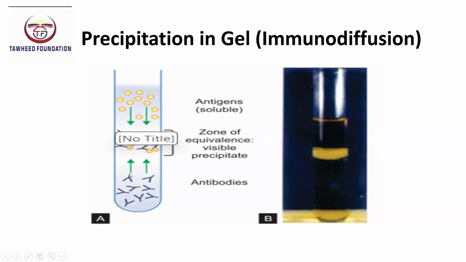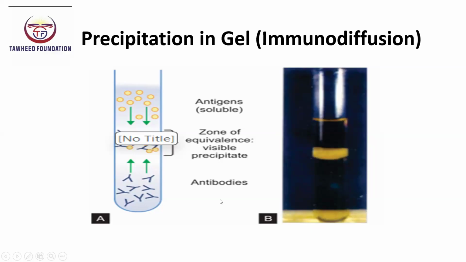So let's first look at this figure A, which shows a schematic drawing of the test setup inside a small narrow test tube. At the start of the test, we carefully layer antigen solution and antiserum, that is antibody, one above the other in the tube.